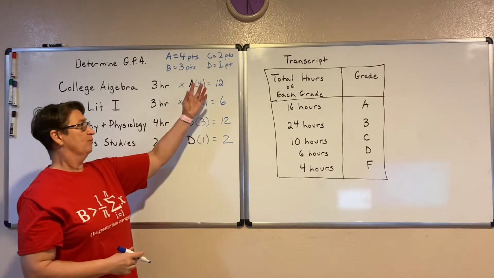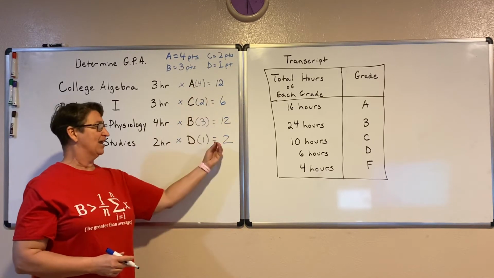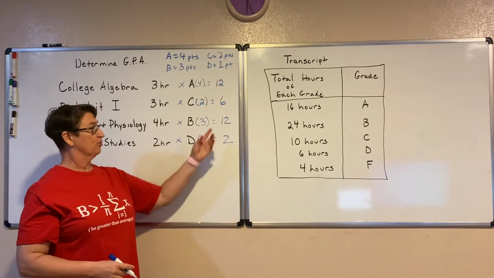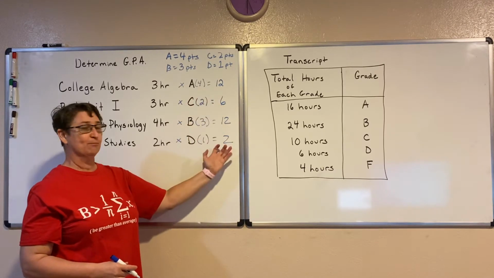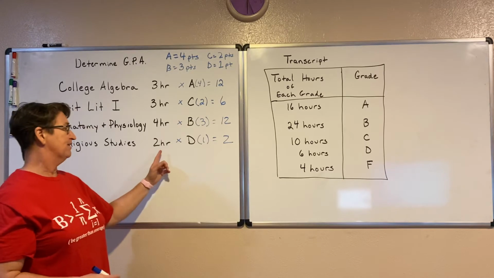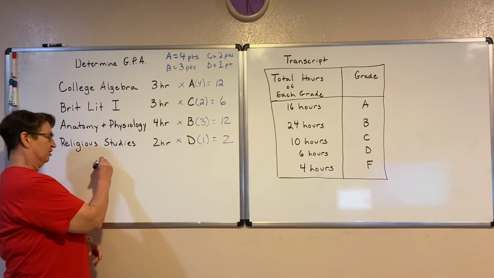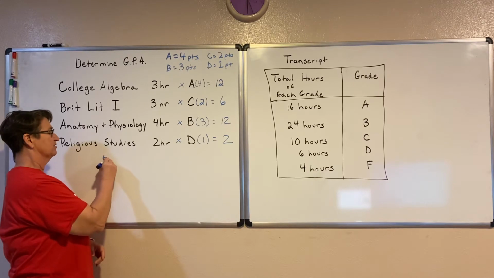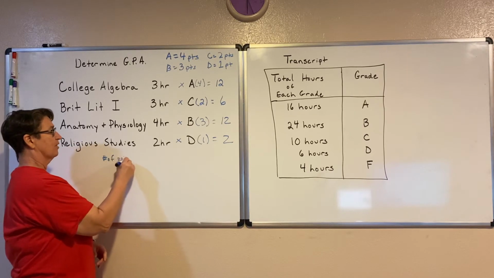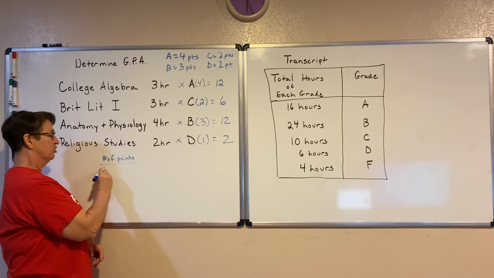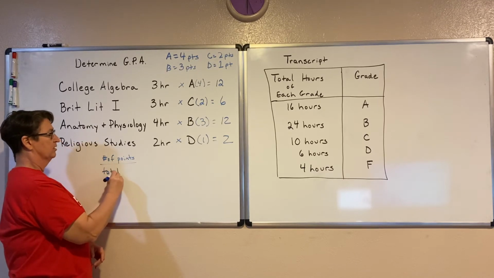Now, as with means, I add up and I divide by the total number. I'm going to add up my total number of points and divide by the number of hours that I've taken. So it's going to be the number of points divided by the total number of hours.